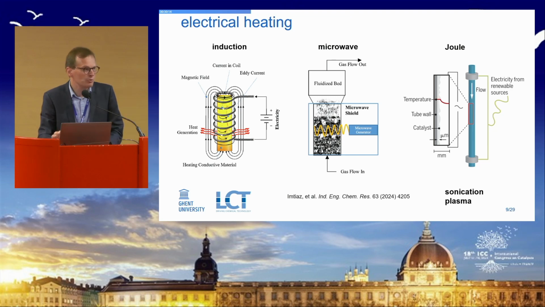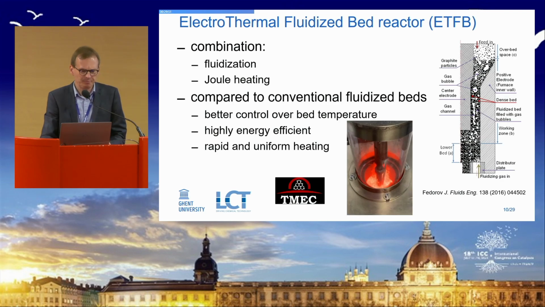But I also understood from the roundtable discussion yesterday that there is a kind of agreement that joule heating, as of today, has reached the higher TRL. So looking at present-day process implementations, joule heating is the technology, the choice which has been made. And this is something which we apply in what is called an electrothermal fluidized bed reactor.